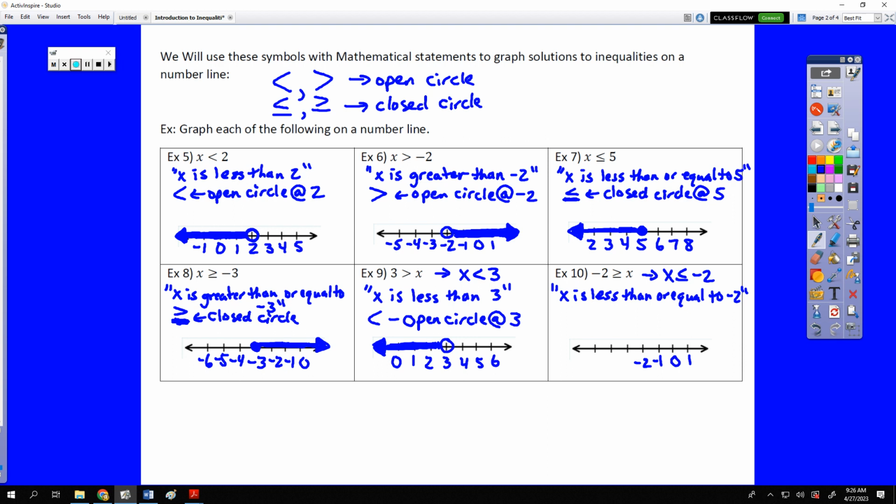Numbers that are smaller than -2 would be -3, -4, -5. Now we have that less than or equal to symbol, so should our circle be open or closed? Closed, so we have a closed circle at -2.